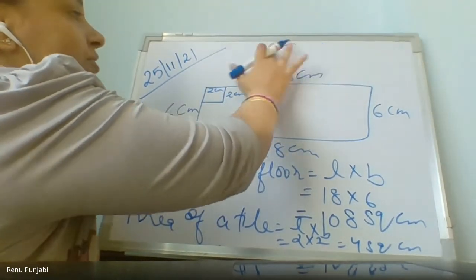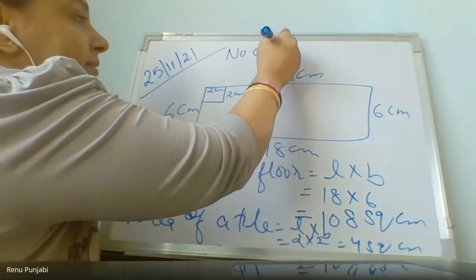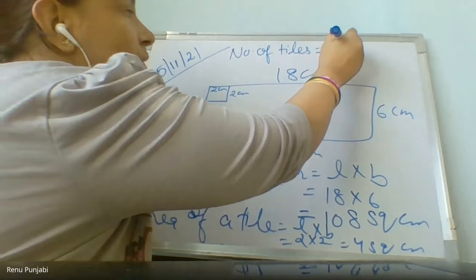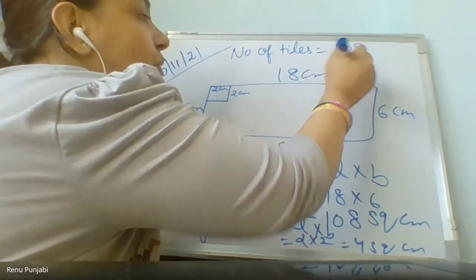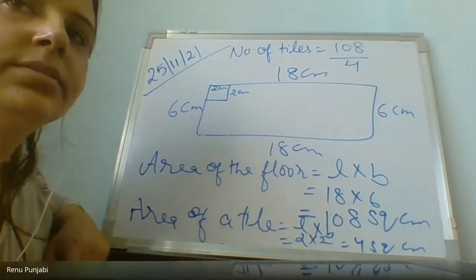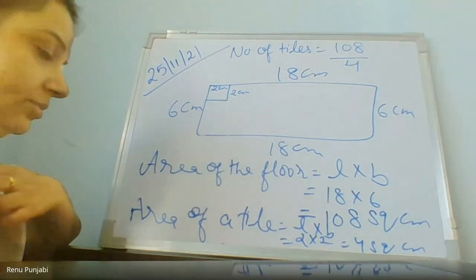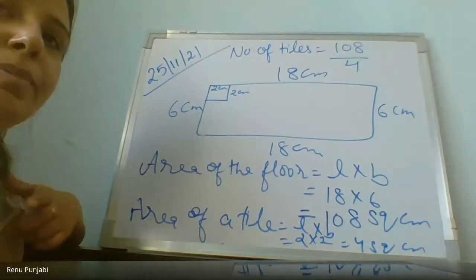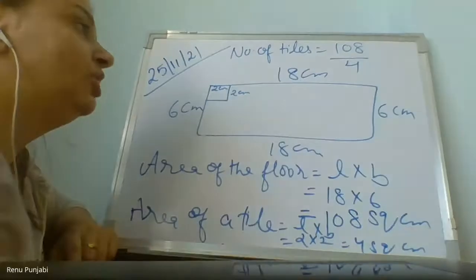Now write the third step: number of tiles equals 108 divided by 4. Tell me, 108 divided by 4, what will be the answer? 27.